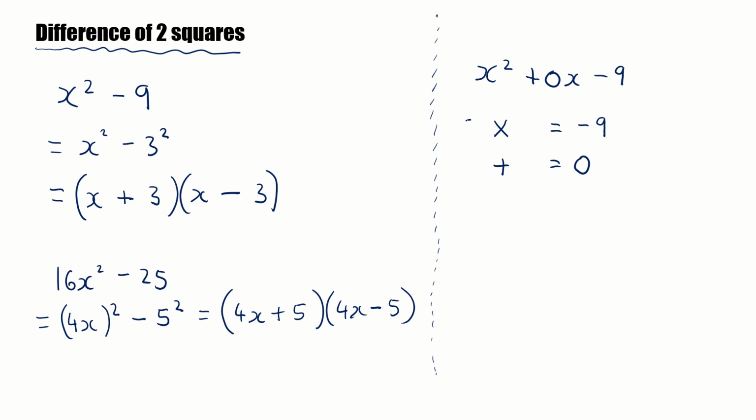So that's why you know it's 3 and minus 3, because those are the two numbers that satisfy both those criteria. And that's what then leads to you knowing that it factorizes to x plus 3, x minus 3. So there you go. You can still factorize it even if you don't remember that trick.